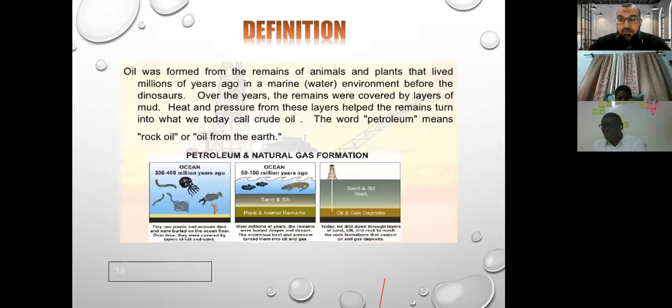So where has the oil been found, or how can we know? Back before the age of dinosaurs, this oil was formed from animals and plants.